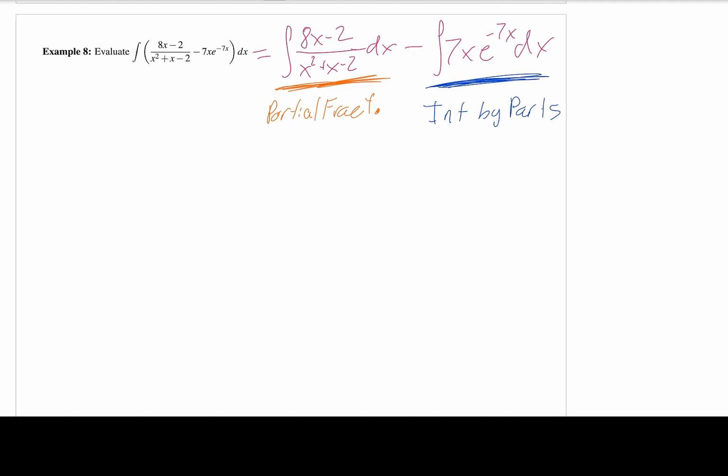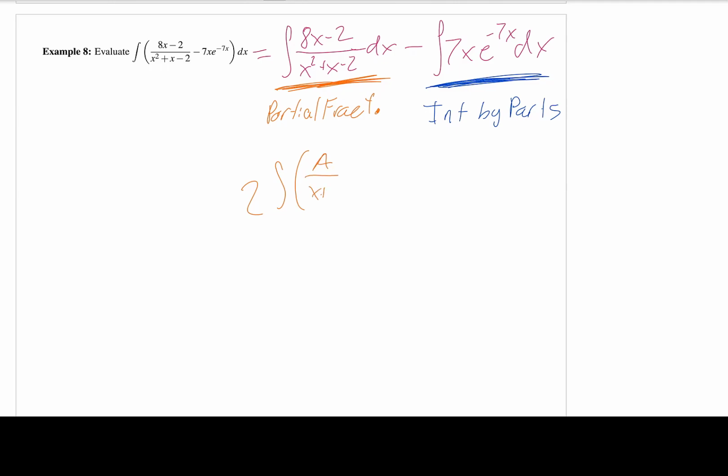For this, I don't recommend factoring a 2 out of the numerator. It can be really easy for you to make a mistake when you do something like that. If you want to, go ahead and try it with factoring the 2 out, but just notice that you're going to get 2 times the integral of, right, so we've got a quadratic on the bottom, but that can be rewritten as x plus 2 times x minus 1.